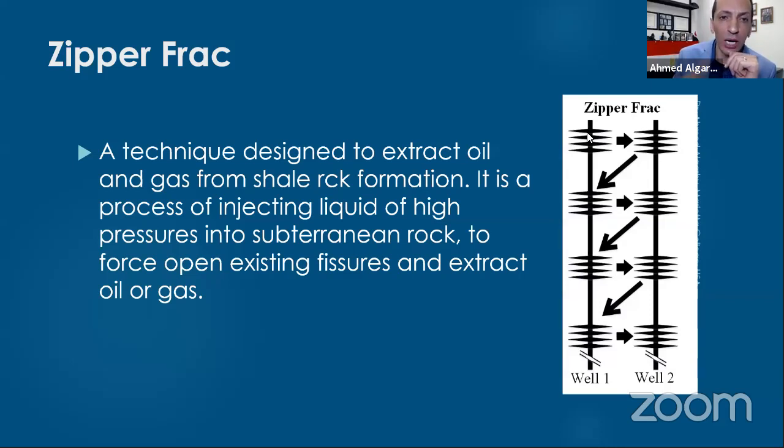Okay, so for one well, listen please, you can inject up to 4 million gallons of water, sometimes reaching 5 million gallons for only one well. So it means you need a huge amount of water. Even in Egypt, there is a river, but there is not enough water to do that.